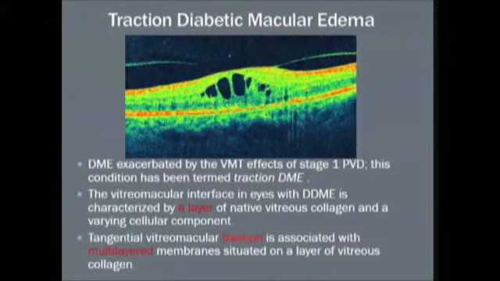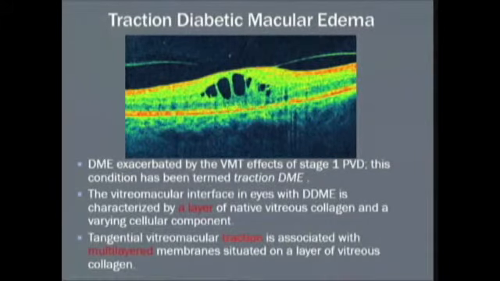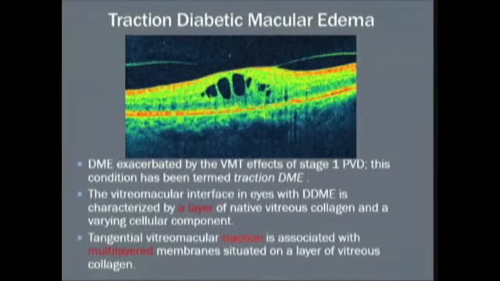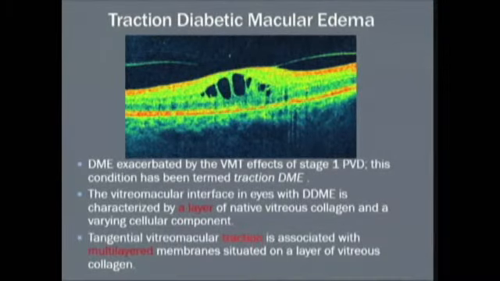Another entity which can affect the vitreoretinal interface is tractional diabetic macular edema. And it can be exacerbated by VMT if it's present. Usually it's a stage 1 PVD. And interestingly, they found that the diffuse diabetic macular edema is characterized by a layer of native vitreous collagen and varying cellular components.